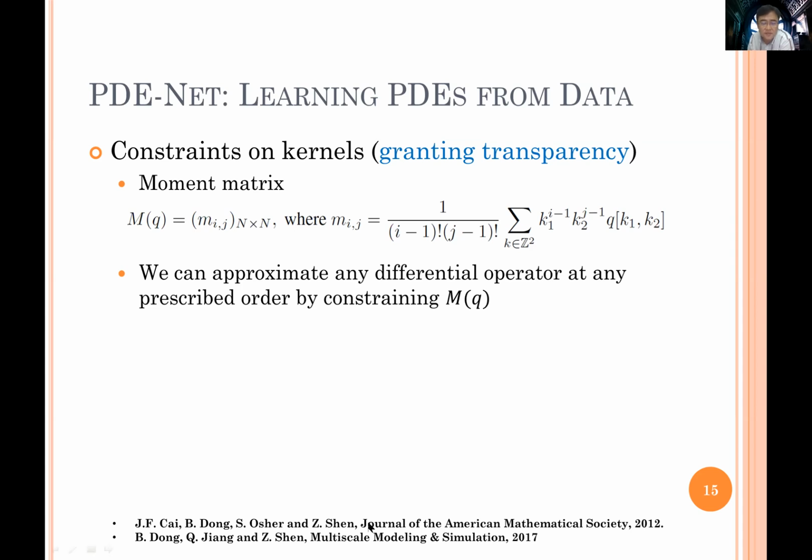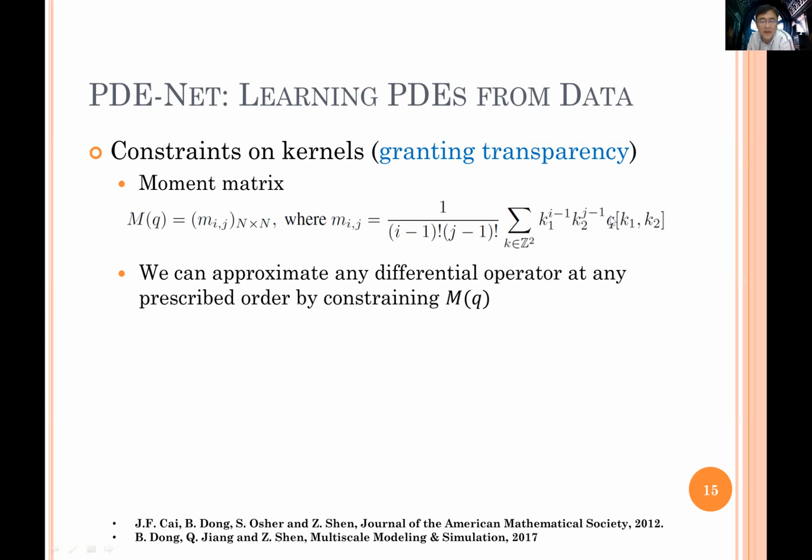So it's actually motivated by our earlier work, where we found the connection between wavelets and differential operators. We can prove that wavelets with certain vanishing moments are approximations of differential operators in a pretty generic setting, in the weak form. And in terms of filters, wavelet filters with certain sum rules or discrete vanishing moments connect with differential operators, or the finite difference approximation of differential operators.